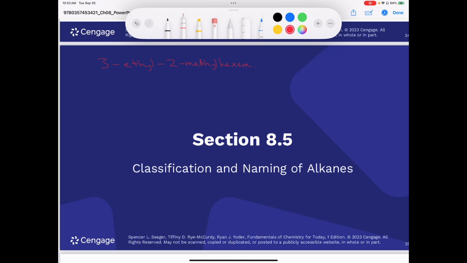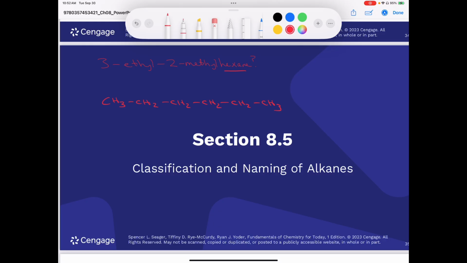Now, there's another question in these slides that says, can you draw the structure of 3-ethyl-2-methylhexane? So the way you would do that is you would start out by drawing the root first. So I'd say CH3, CH2, CH2, right? Hexane has 6 carbons, so we'll keep going. And there we go. So that would be hexane. And then on carbon 2, I want a methyl group.